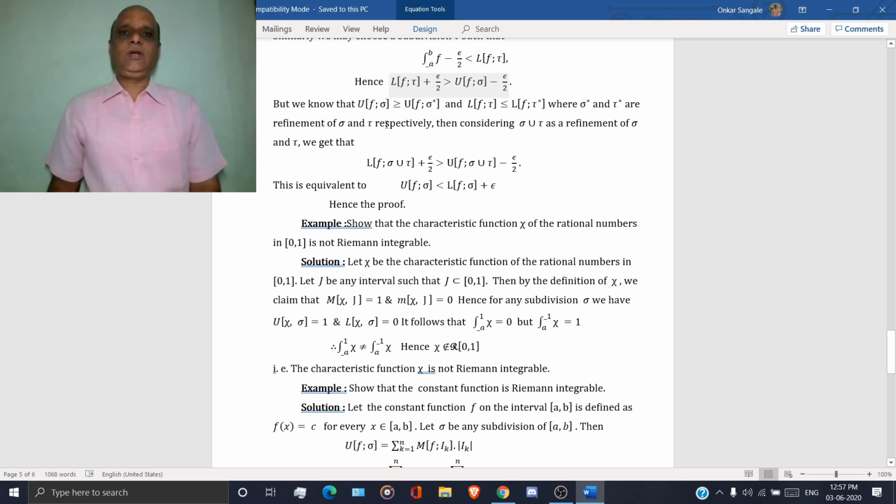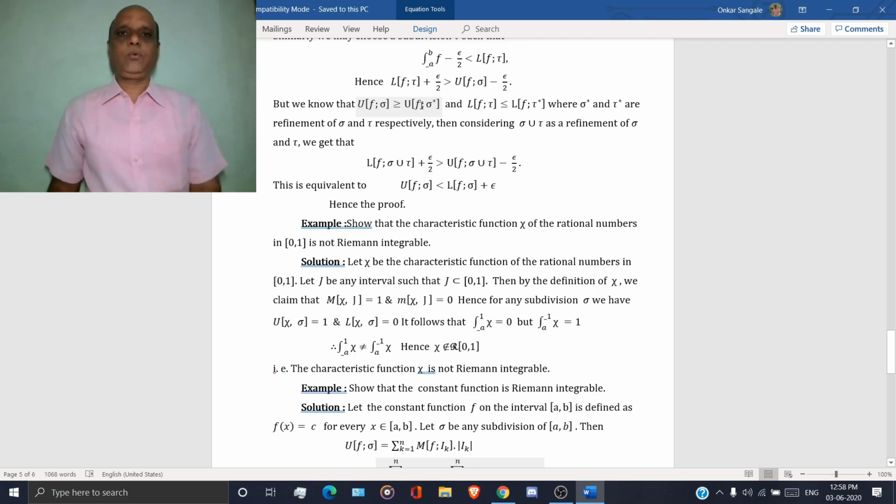Then by the usual relation we get that the lower sum for f corresponding to subdivision tau plus epsilon by 2 is greater than the upper sum for f corresponding to sigma minus epsilon by 2. But we know that the upper sum for f corresponding to subdivision sigma is greater than or equal to the upper sum for f corresponding to its refinement sigma star.